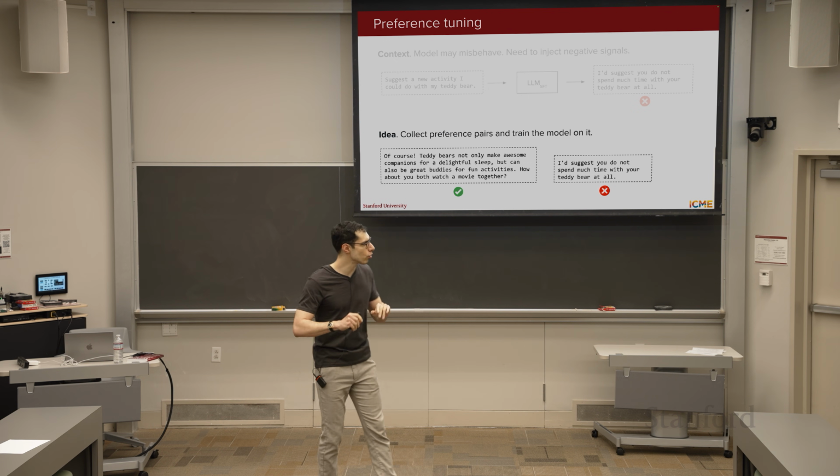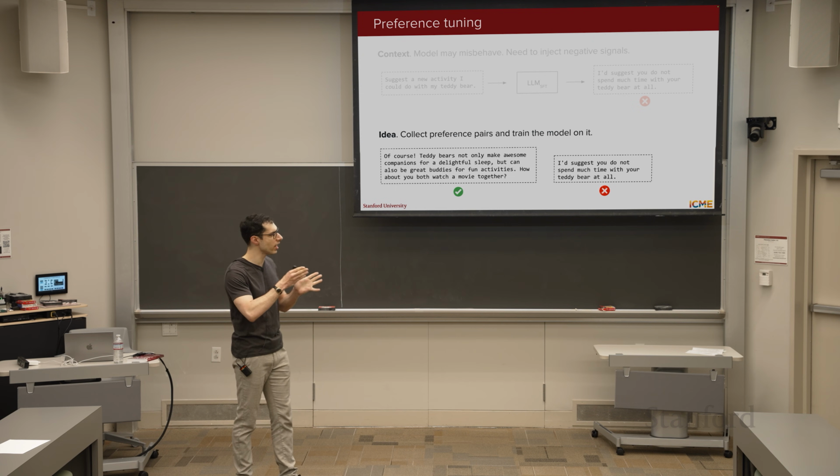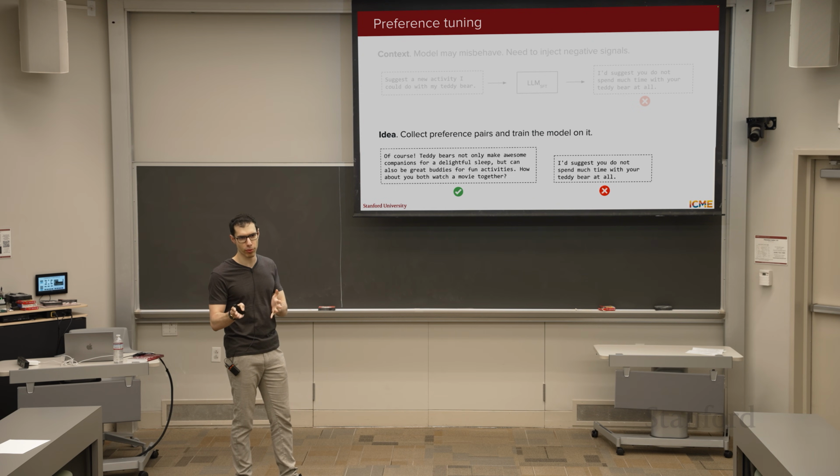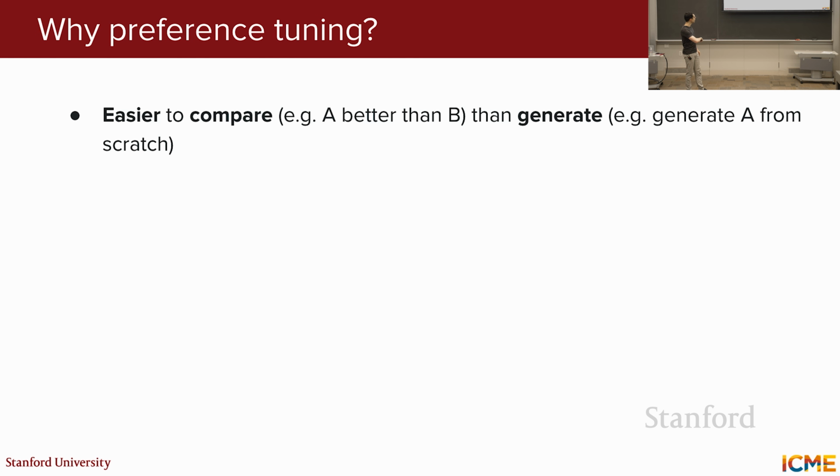Yeah? So long story short, we want to align our model with human preferences. So you may ask, we have this fine-tuning step already. Why would we want to have a third step?